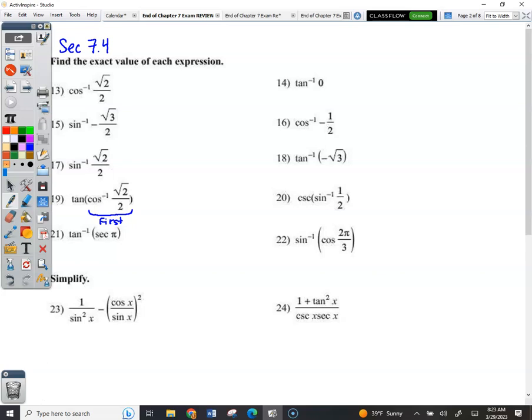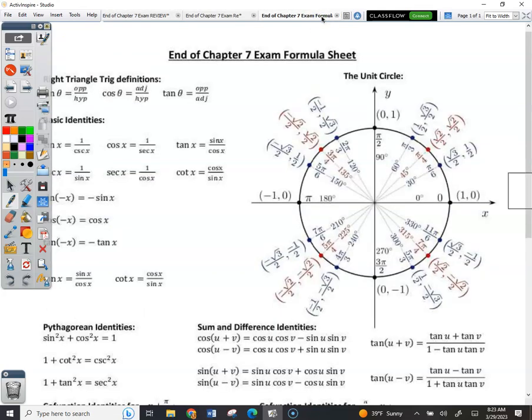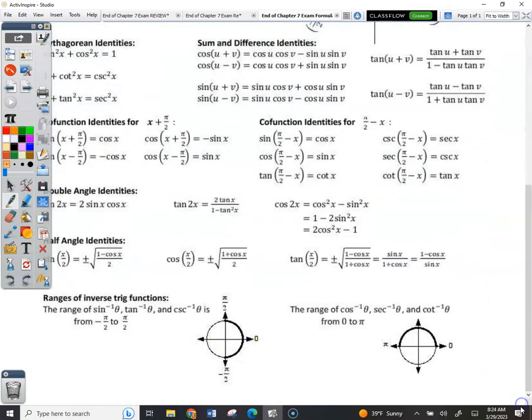You also have to remember, if you see a little inverse symbol, the little -1, that means that you're finding the angle, which means you've got to go to your formula sheet, come down here to the bottom, and watch your quadrants that you're allowed to pull from here and here. And also just remember that it's not really an issue, but tan in particular is open circles on those. Tan is open, but not really, it doesn't come up.